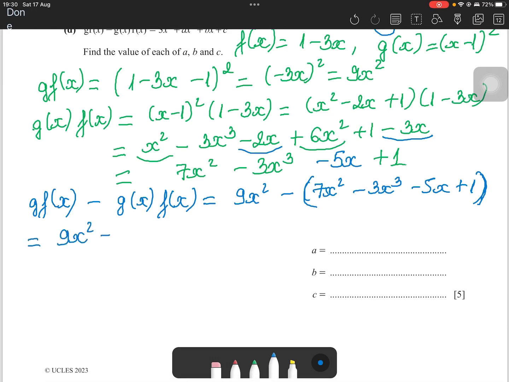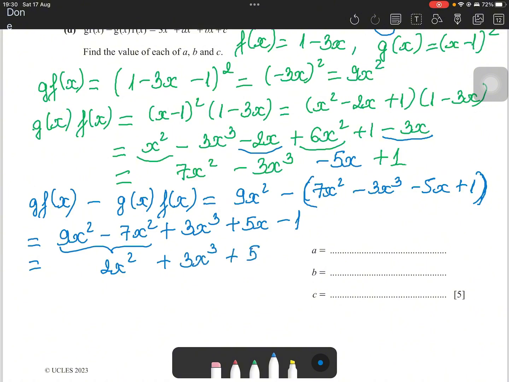Then it is 9x squared minus 7x squared plus 3x cubed plus 5x minus 1. 9x squared minus 7x squared is 2x squared plus 3x cubed plus 5x minus 1. And according to the question, this one is equal to ax squared plus 3x cubed plus bx plus c. So a is equal to 2, b is 5, and c is negative 1.